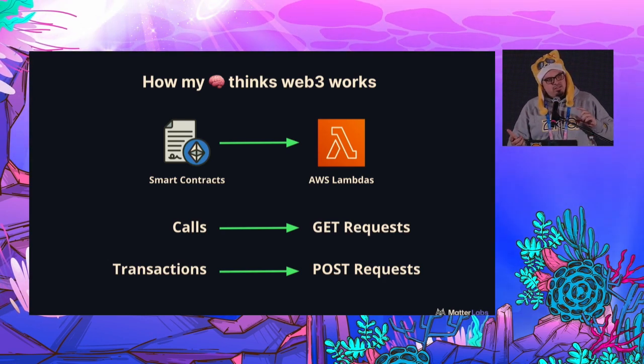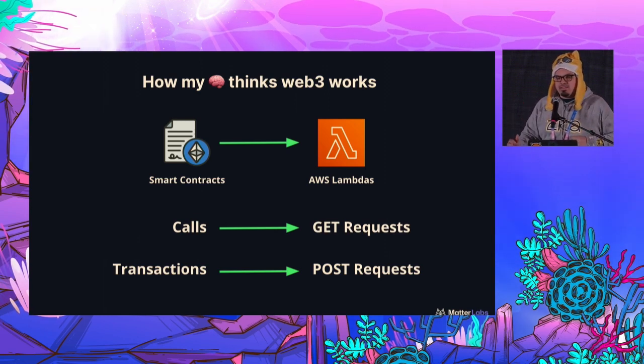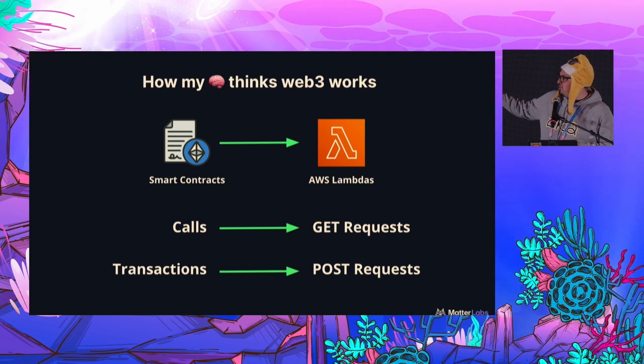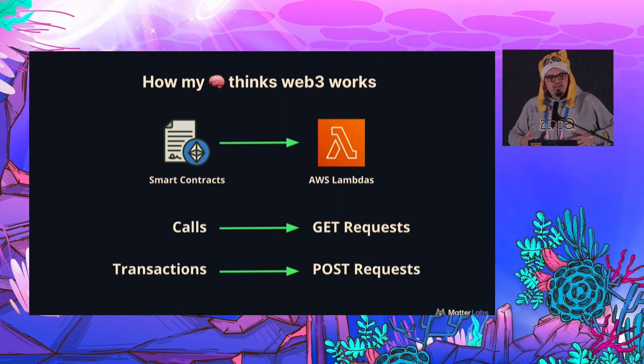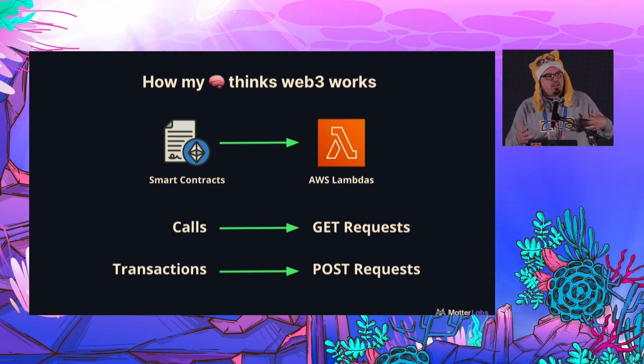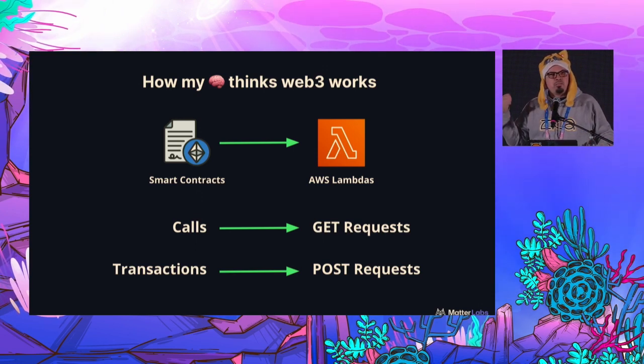The difference here is who pays for making sure that these services exist. In the AWS Lambda world, it's whoever is paying for the Amazon account, your AWS account, right? You get billed at the end of the month. With smart contracts, you have to pay up front. You don't pay for the calls, the GET requests, but as a user you are paying the transaction costs, those POST methods.